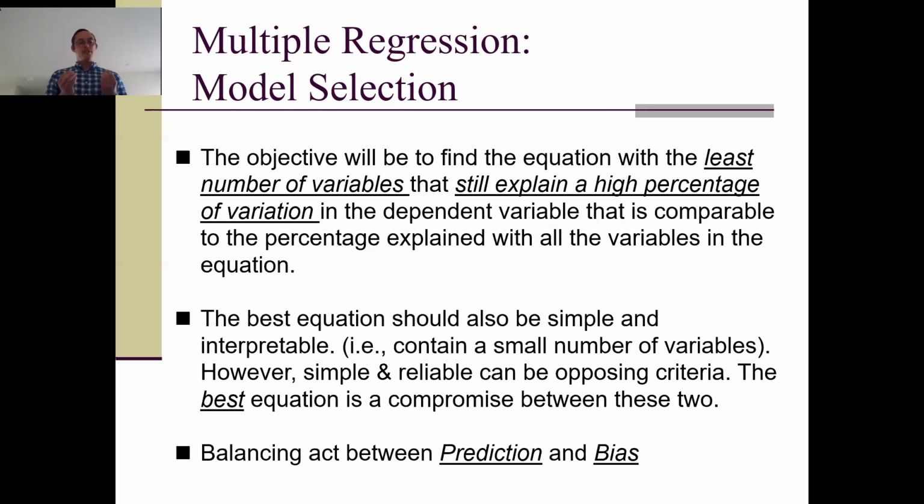So the objective is very simple in a multiple regression model. It is to be able to explain the largest amount of your variance using the least amount of variables. And very importantly, using the least amount of variables is important to prevent having variables that are co-correlating with each other and therefore artificially bumping up your explanatory power.